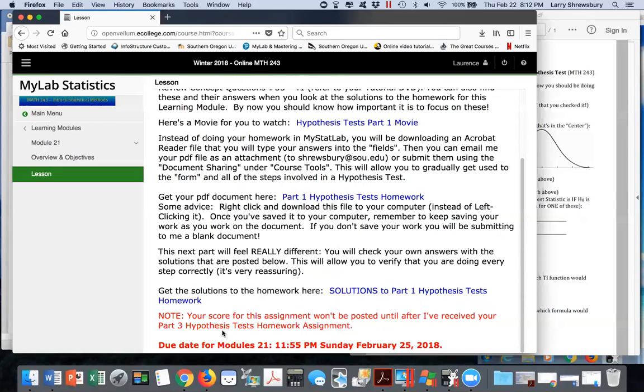But if you only do part 1 and part 2 that have the answers and you don't submit part 3, I'm not giving you credit for part 1 and 2, which you just had the answers for. I want to see if you learned something from those and you're able to do part 3, which doesn't have the solutions. All right, just so you're forewarned. I had one student get all grumpy about that, thinking, I did part 1, part 2, I deserve the points. And I go, well, you will once you give me part 3, so give me part 3. But anyways, to prevent any misunderstandings, I try to make it super clear here about that.